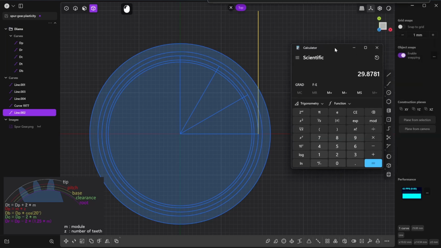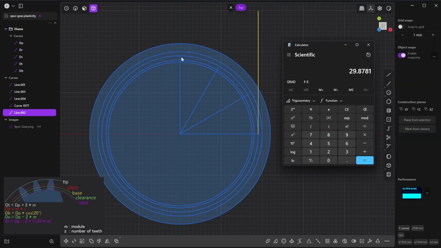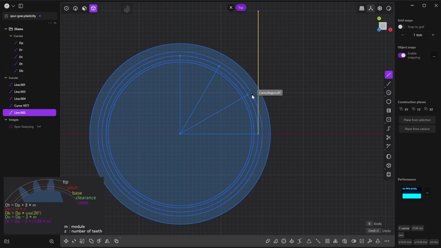So let's calculate that. We know that the length of the 3/3 is 29.871. If we divide it by 3, this is 1/3, and multiplied by 2 is going to be 19.9187. Let's draw this line, and it must be 90 degrees to this radius.